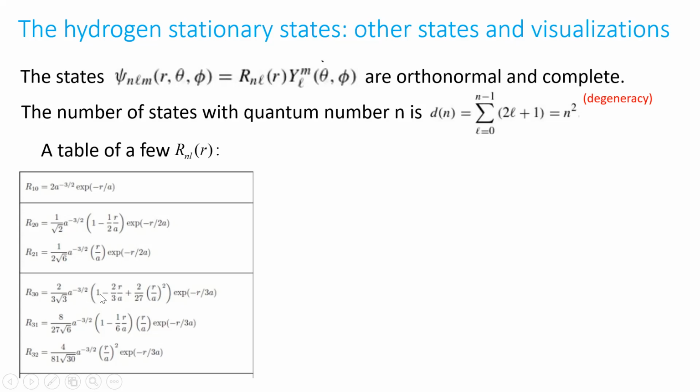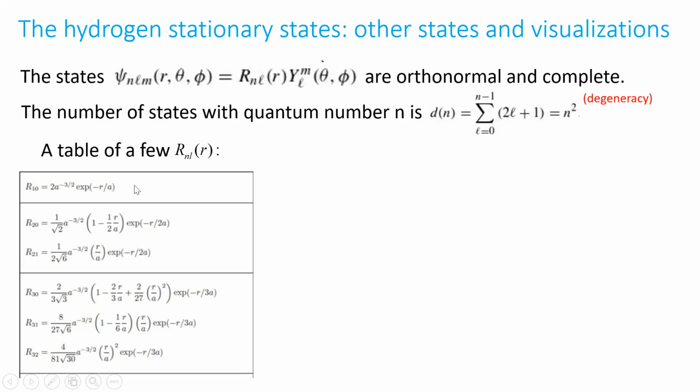Here we have degree 2. That is, r squared is our highest power of r. Okay, so that's kind of the pattern. And the normalization constants are different because the polynomials are different, and so they require different normalization constants.